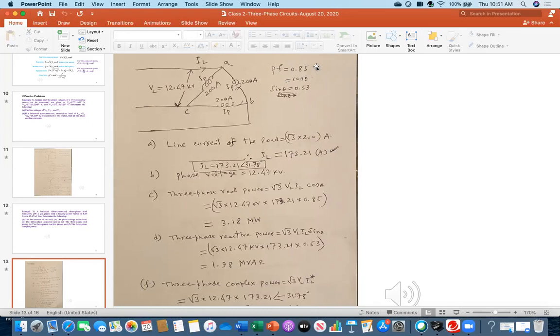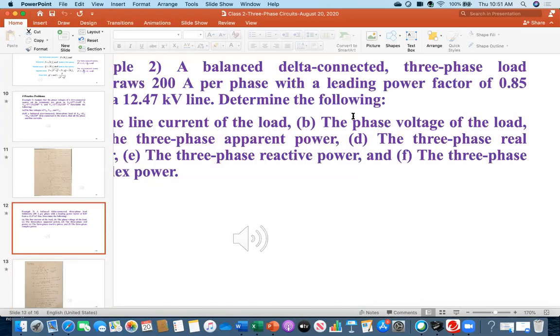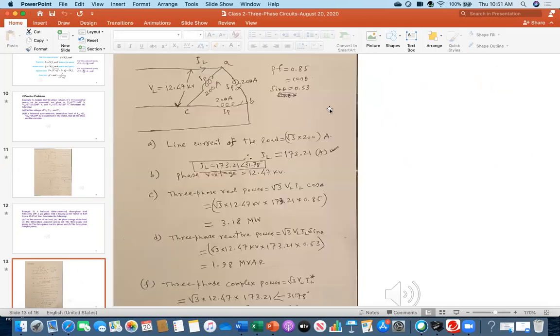And then the power factor was given. It is the leading power factor. If you see the statement, leading power factor of 0.85. So cosine theta is 0.85. From there, find out theta, cos inverse 0.85. That will give you the angle 31.78 degree. That's why you see in bracket, I have written IL, this magnitude, angle 31.78.